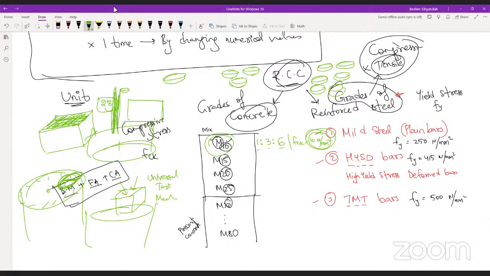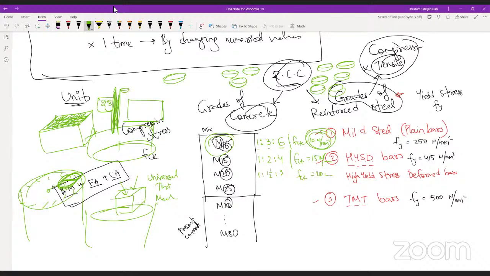Next is M15. Here the mix is 1 is to 2 is to 4 and fck, as you all can see, is 15 Newton per mm square. Then for M20, it is 1 is to 1.5 is to 3, and here fck will be 20 Newton per mm square.